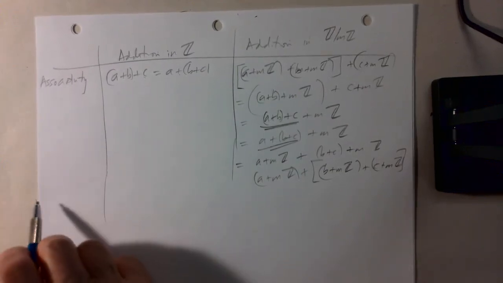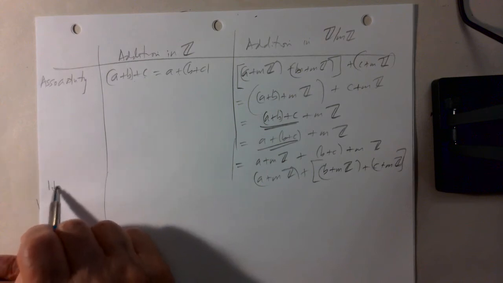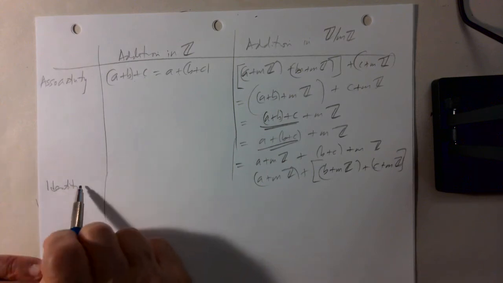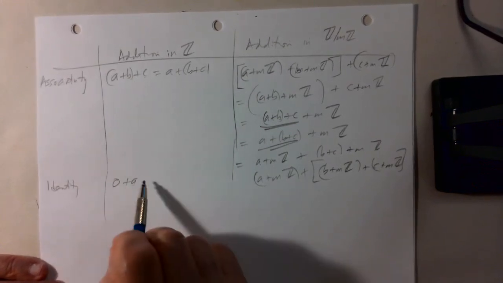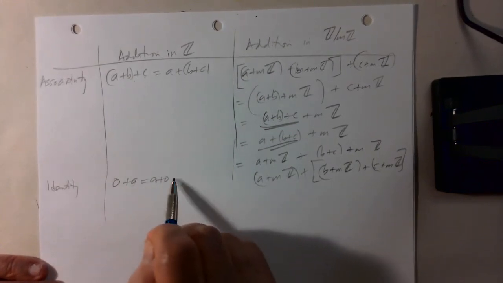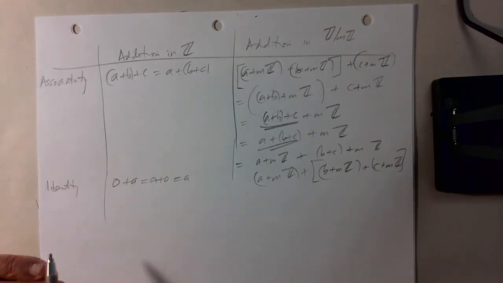In the integers, we have an identity, 0. 0 plus a equals a plus 0 equals a for all integers a.